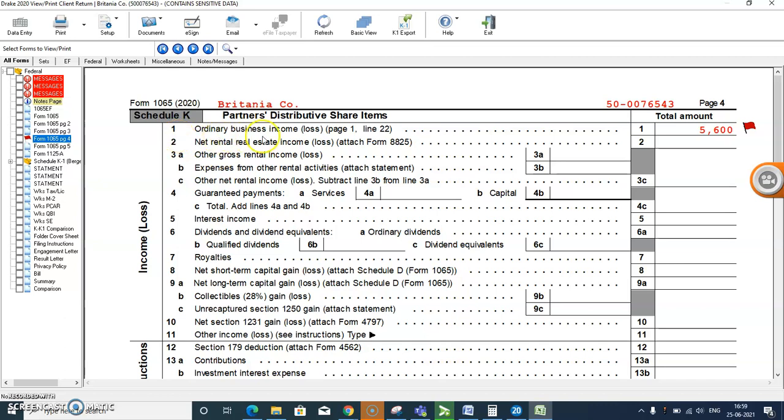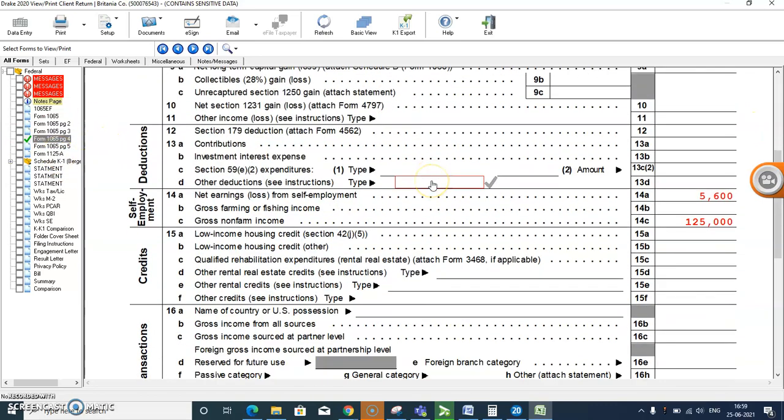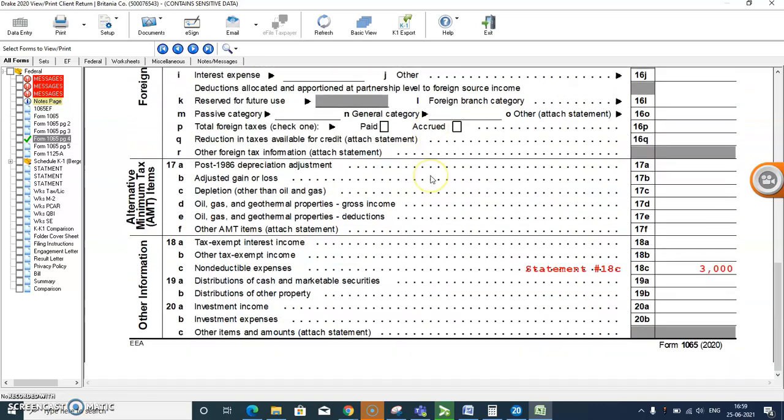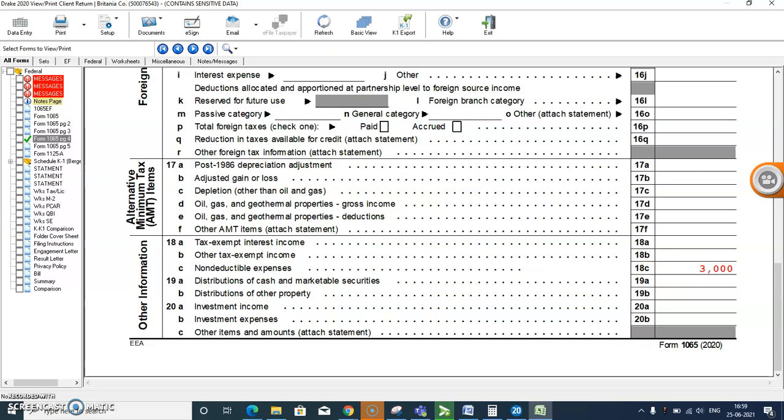Now come to 1065. Whatever ordinary business income of page 1 line 28, it will come to Schedule K line 1, $5,600. See, this is non-deductible expenses, which is the meal expenses, which was 6,000. 50% of the 6,000 comes to 3,000.